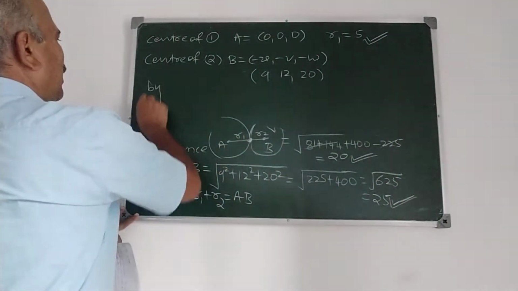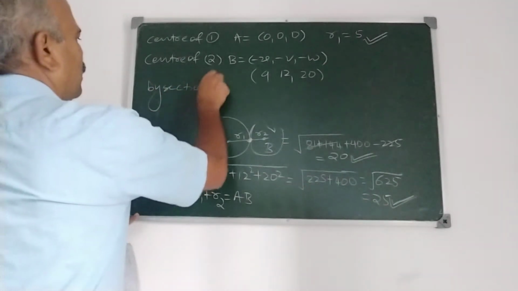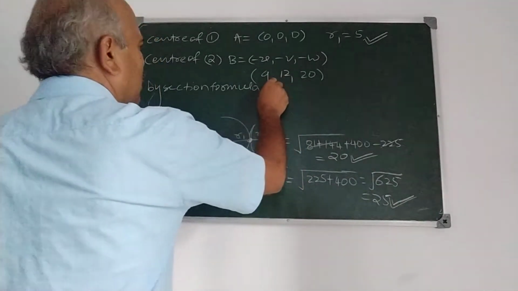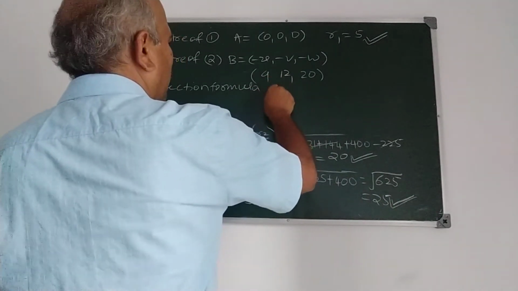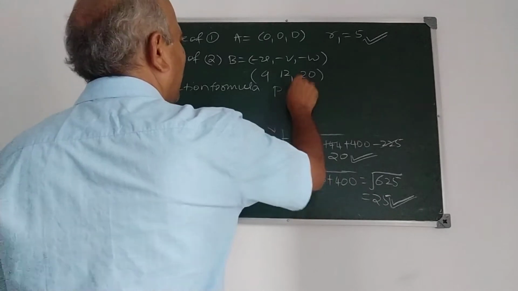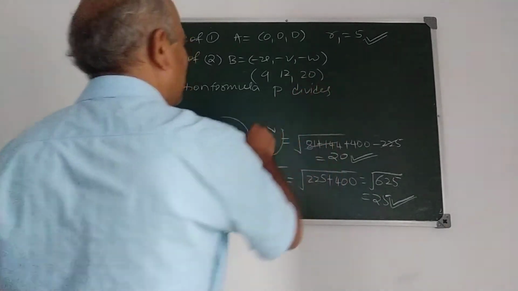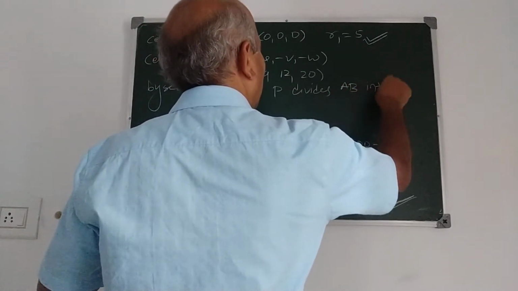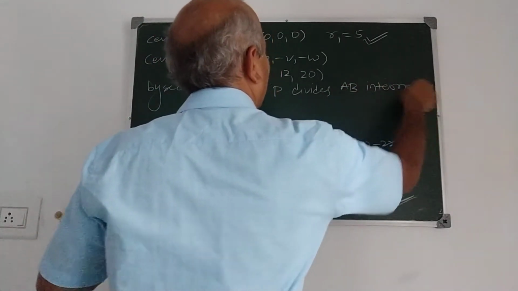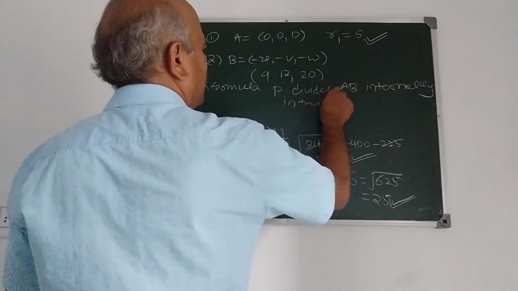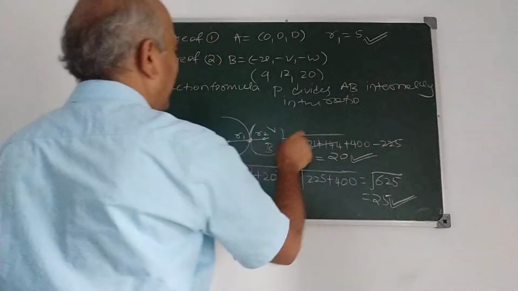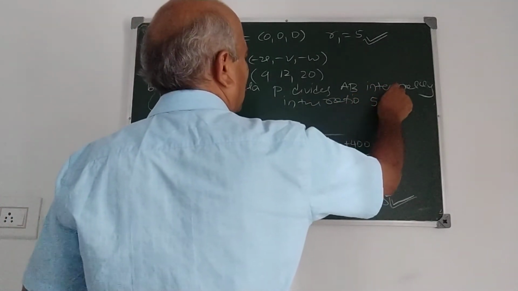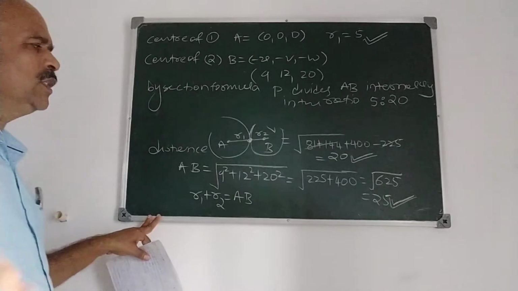So by section formula, P, the point of contact, divides AB internally in the ratio R1 to R2, that is, 5 is to 20.